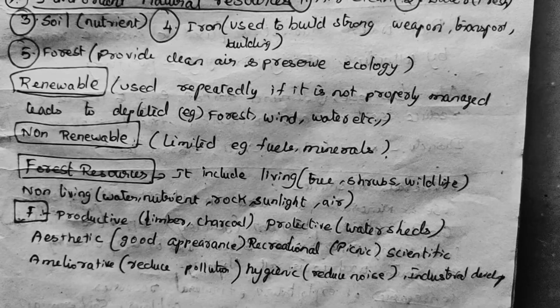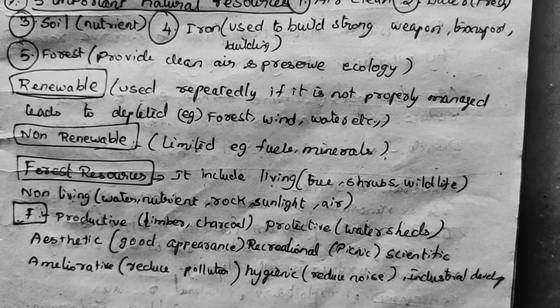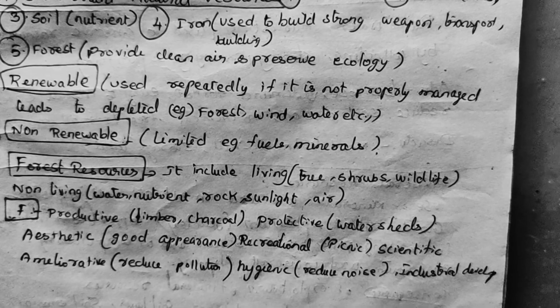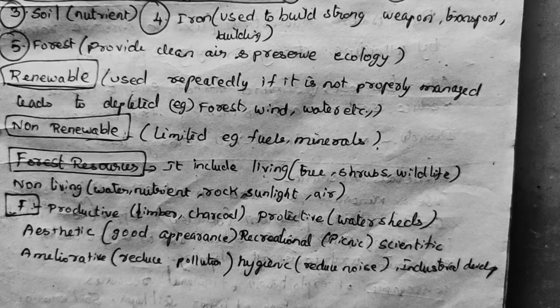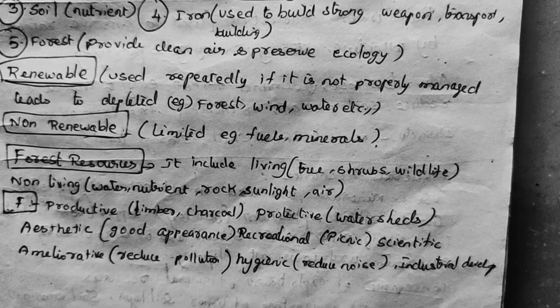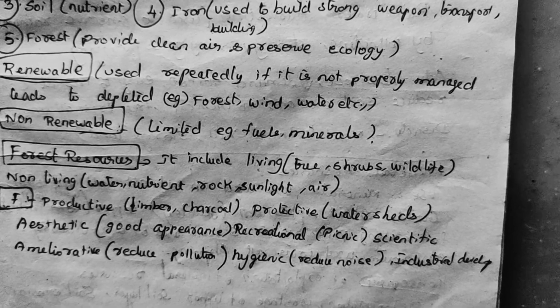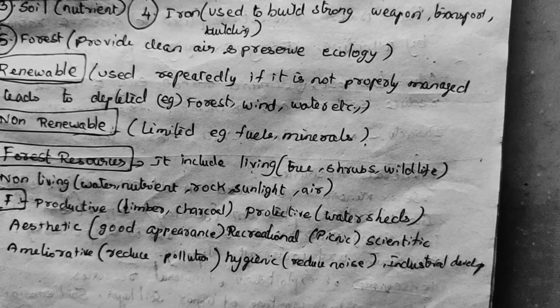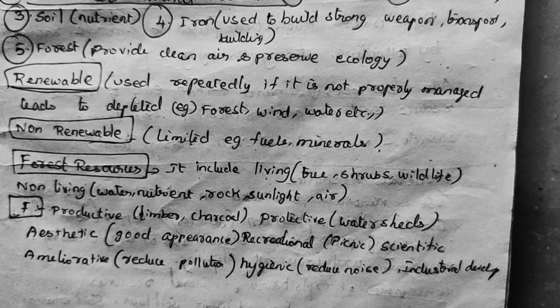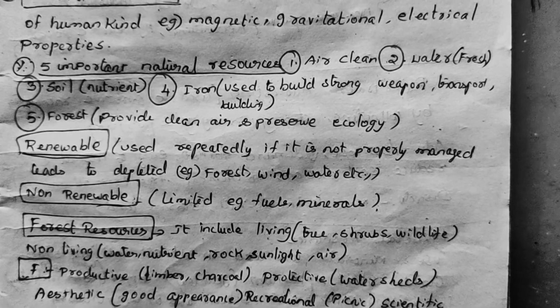And if you see the protective, so watersheds, and aesthetic, good appearance, and recreational, picnic, and scientific. And then you have reduced pollution, and then hygienic, it will reduce the noise, and industrial development. So these are all the main functions of forest resources.